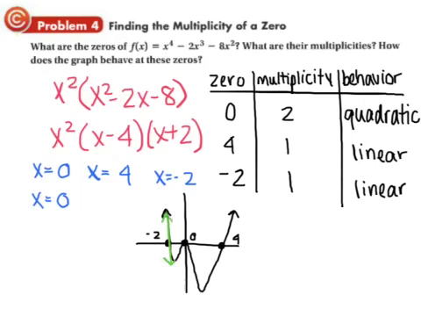At 0, it's supposed to be acting as a quadratic. Sure enough, it is. At 0, we have a parabola shape. And at the zero of 4, it's acting again as a linear function, which makes sense because we have it acting as a line going through the zero of 4.